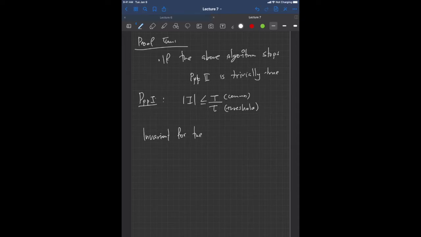Invariant for the while loop. For every run of the while loop, we'll maintain the following. The invariant is that if you look at the cardinality of x minus I versus the maximum possible set of such partial matrices. This is some calculation that we have to do.